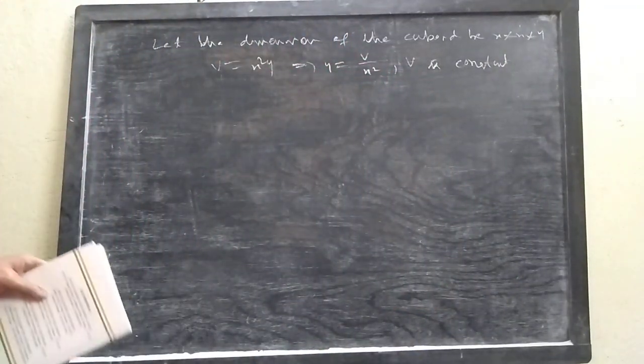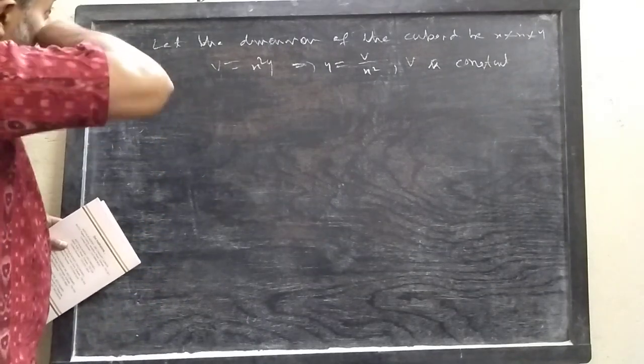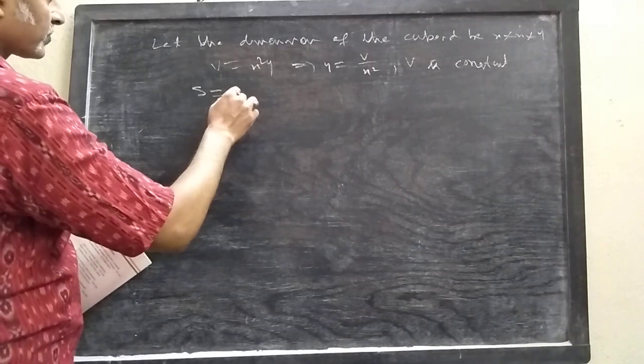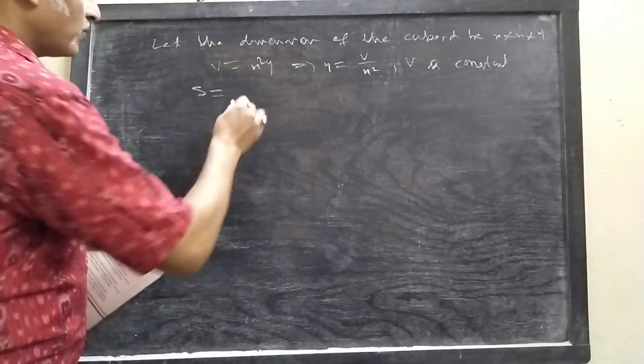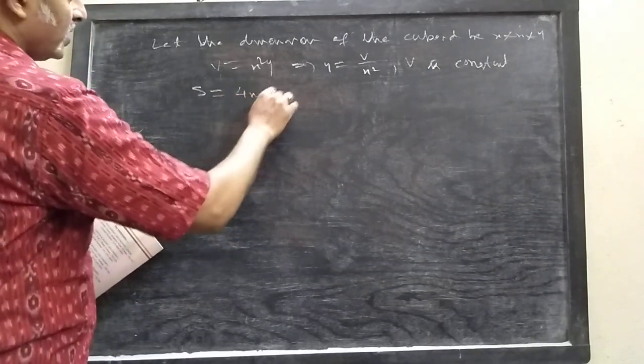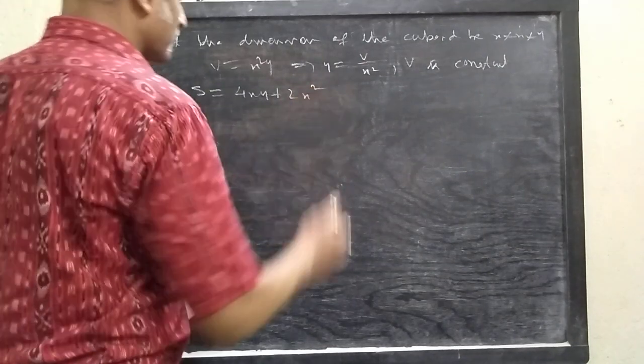Now its surface area. It is a closed cuboid, so you have all the 6 surfaces. The surface area of the cuboid is now given by S equals 4 walls, that will be 4xy, plus the roof and the floor, that will be 2x square.